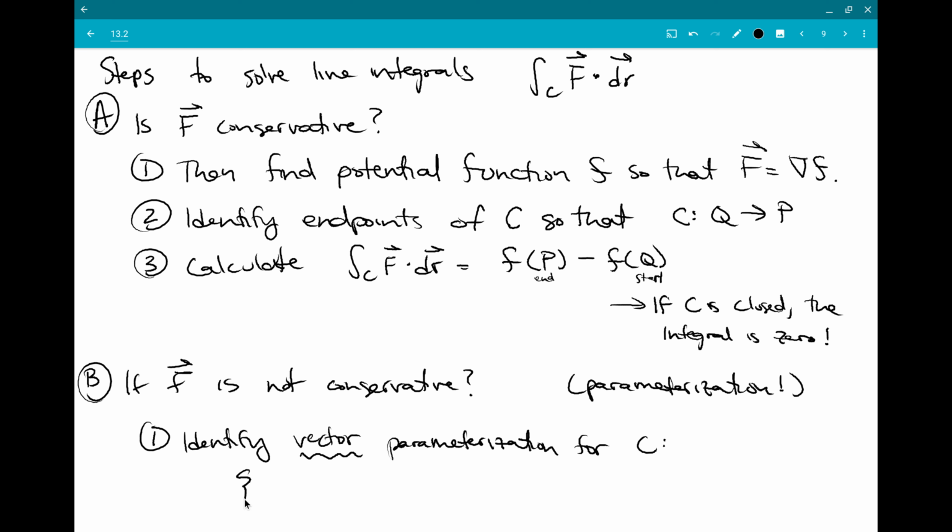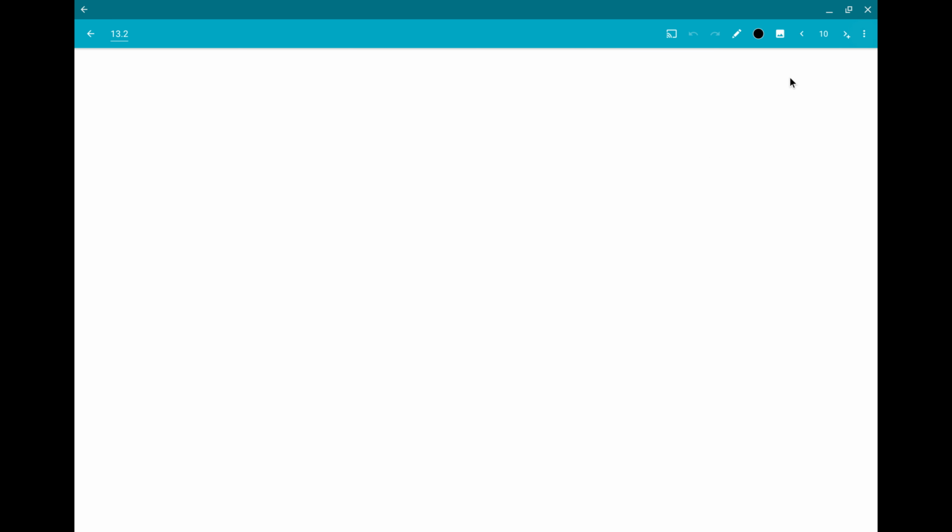And so what that's going to be is some curve that's vector valued, r equal to x of t i hat plus y of t j hat plus z of t k hat, with bounds for t, a less than or equal to t less than or equal to b. That's the other representation we came up with for parameterized curves way back when we learned that material.